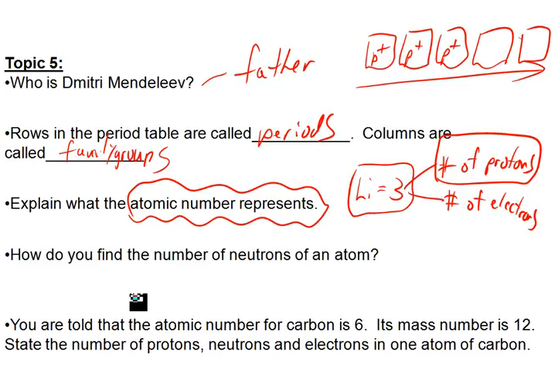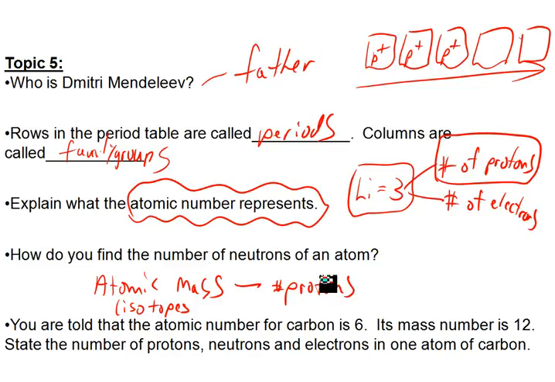How do you find the number of neutrons? You take the relative atomic mass, and I say relative because it's an average of all the isotopes of the substance, and you subtract the number of protons from that, and that equals the number of neutrons.